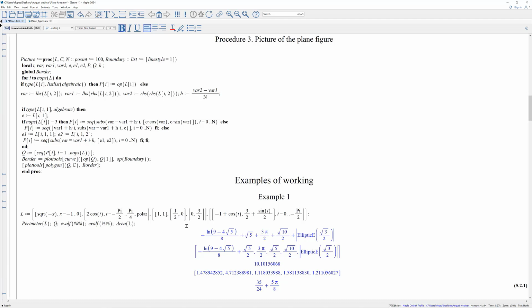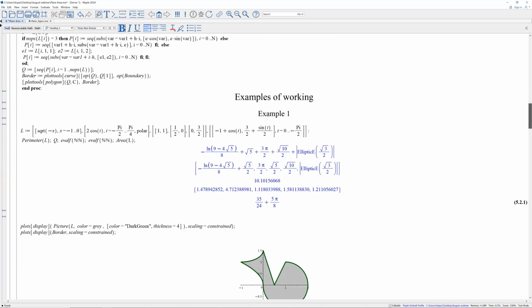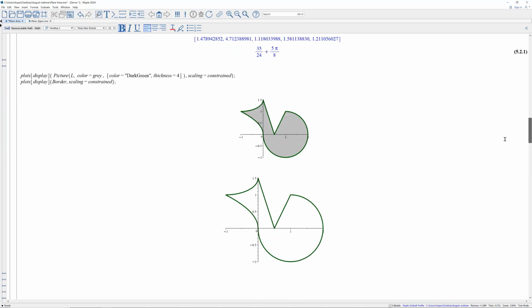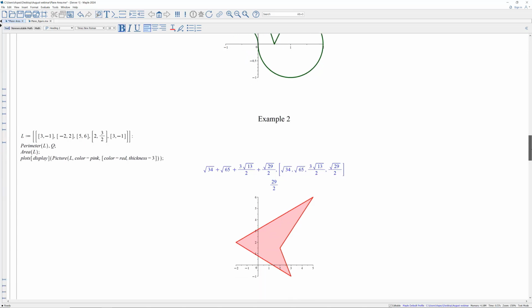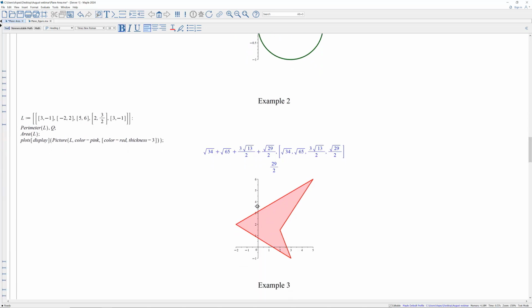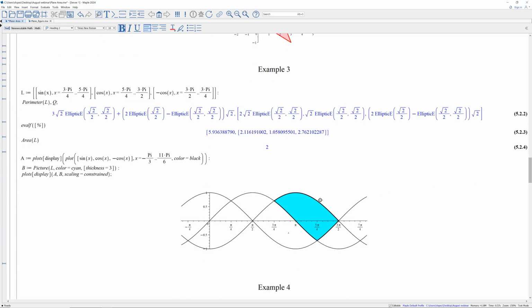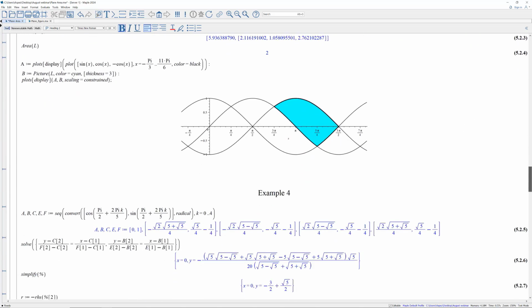So this is the list of lists that describes this first figure. This is what the figure looks like, and this is just the boundary of that figure. Here's a second example, a list of lists that describes this thing, and it's just a list of endpoints for line segments. A third example, the region between a sine and a cosine. A fourth example is this star-shaped region.